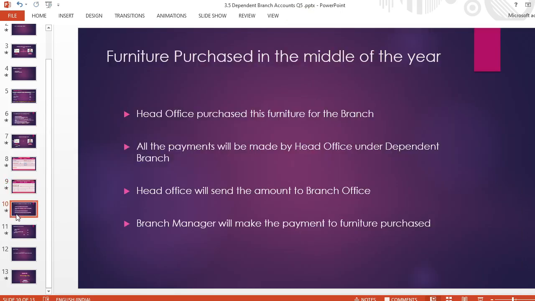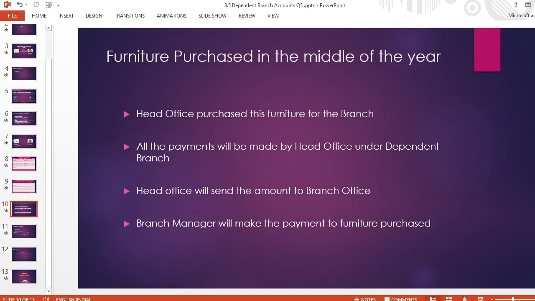So let me tell how the depreciation can be calculated on the furniture. So head office purchased this furniture for the branch. All the payments will be made by the head office under a dependent branch system. Head office will send the amounts to branch office. So we should consider this branch expenses.